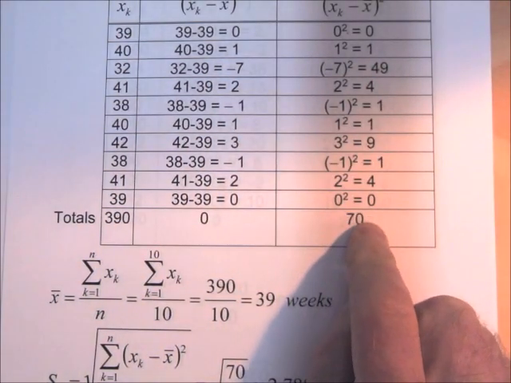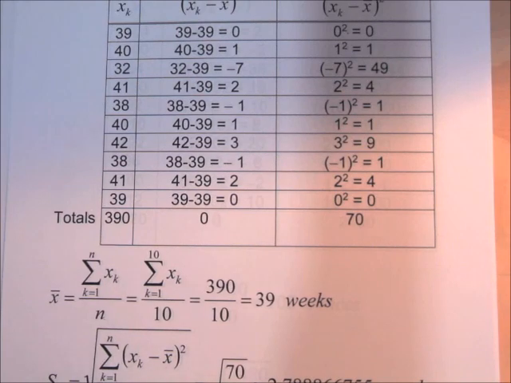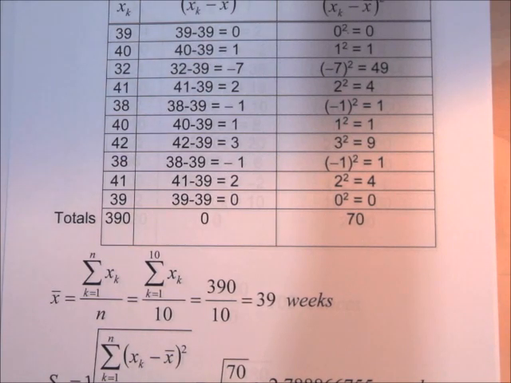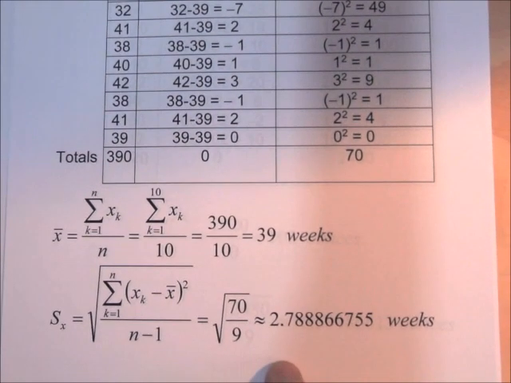You add these up, you get a total of 70, and then the standard deviation is the square root of the variance. The square root of 70 divided by 9 comes out to be about 2.78.